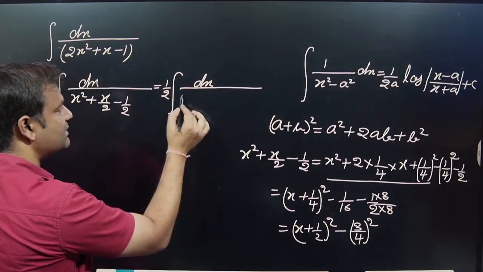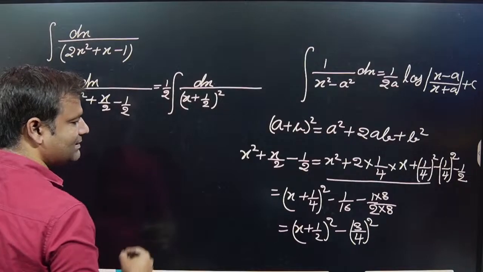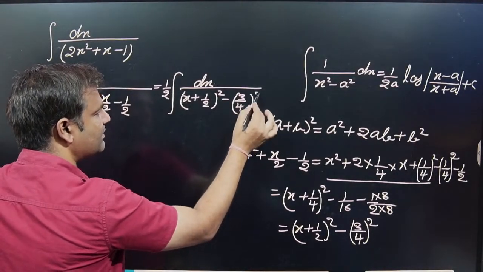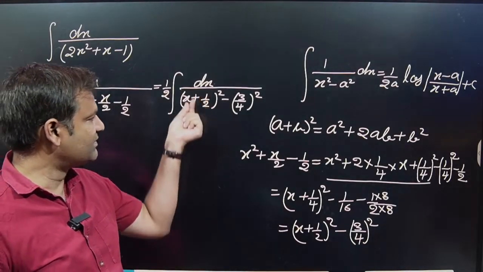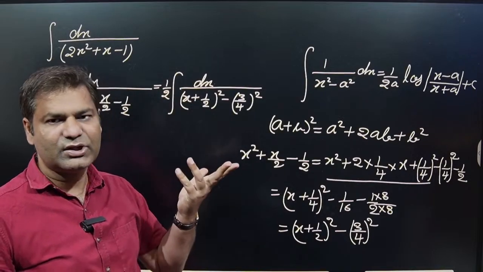divided by how much? (x + 1 by 2) whole square minus (3 by 4) whole square. Okay, so basically if this one is t and that is a square, so t square minus a square, very simple.